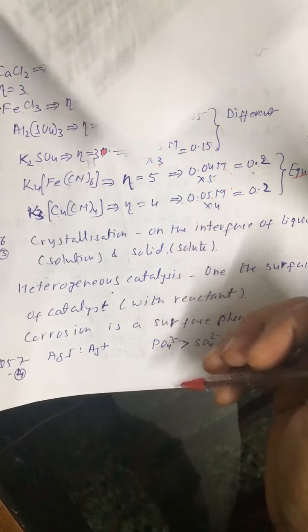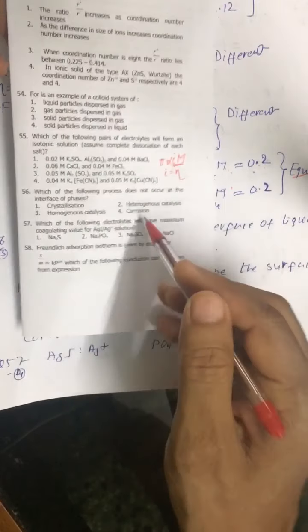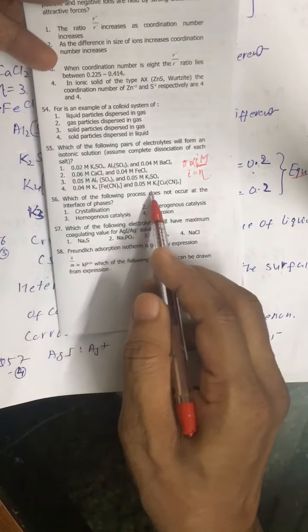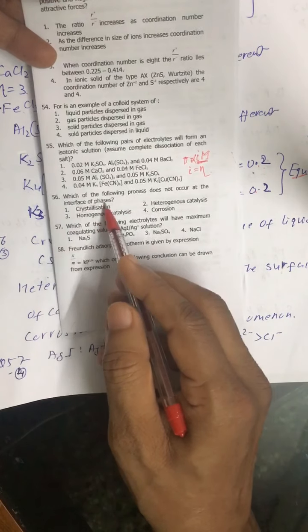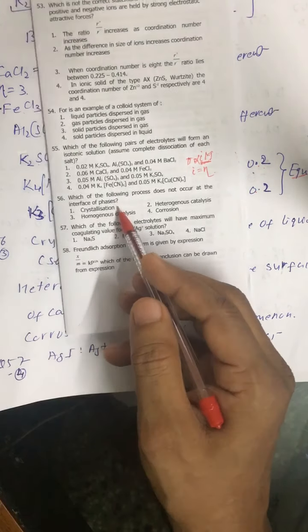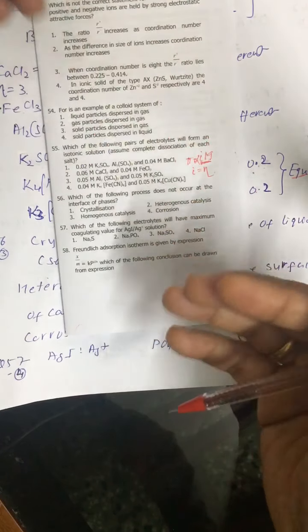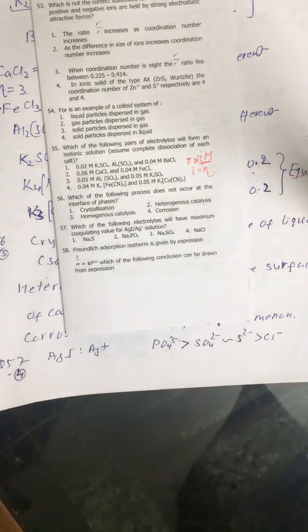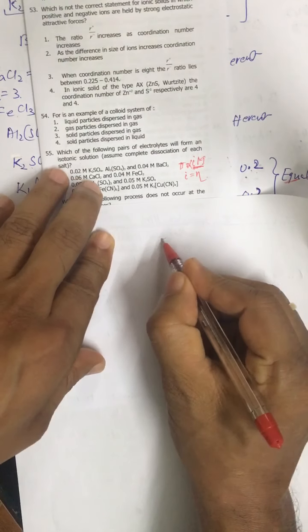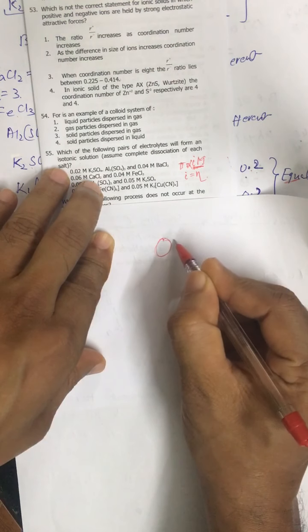Look at question number 56: Which of the following processes does not occur at the interface of phases? Interface of phases means two things in contact, like this is one surface and this is the other surface, say solute and solvent.